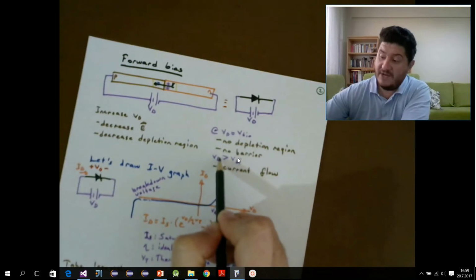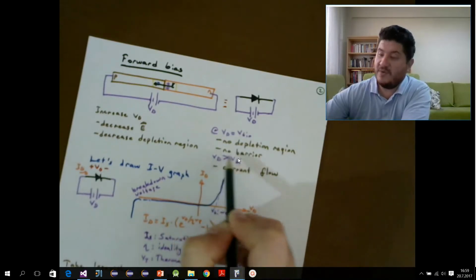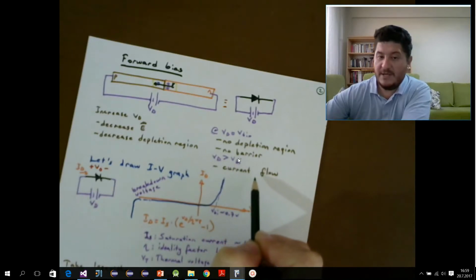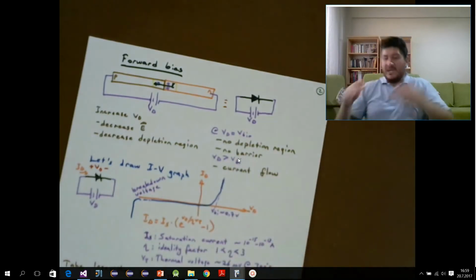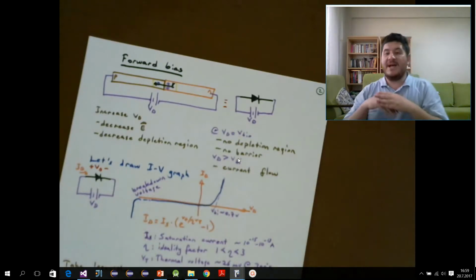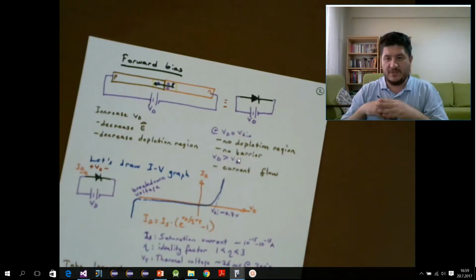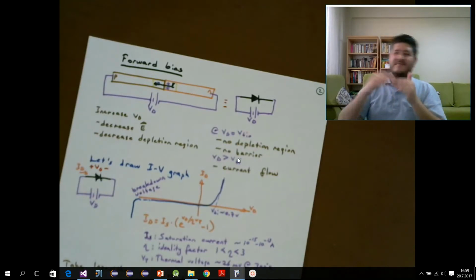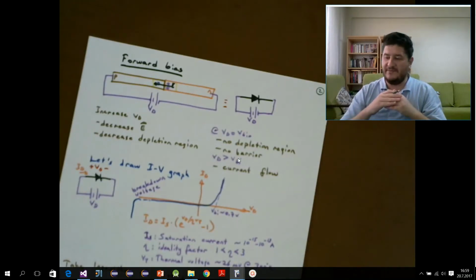If we try to increase the voltage more than VBI, there will be current. Actually, what happens is you are destroying the whole barrier. So there is no barrier for the electron flow, so it will act like a short circuit now. So little voltage difference will make a big difference in the current value.